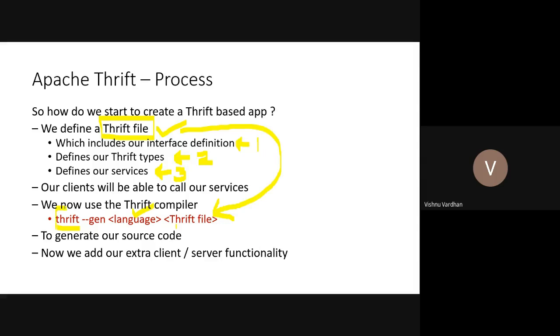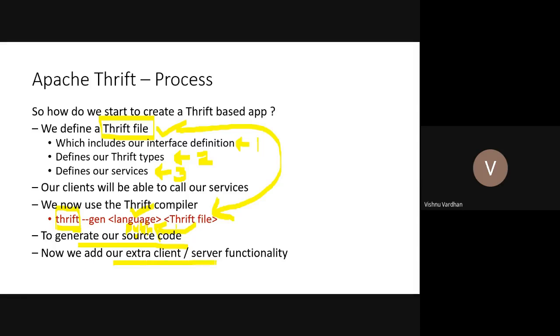So this is the keyword thrift dash dash gen, that means generate the code in Python. You have to write Python here or PHP here, whatever the target language. Then simply provide this target Thrift file as the input. As soon as it gets the input, it will generate code on the fly for this language. So we have generated our source code.